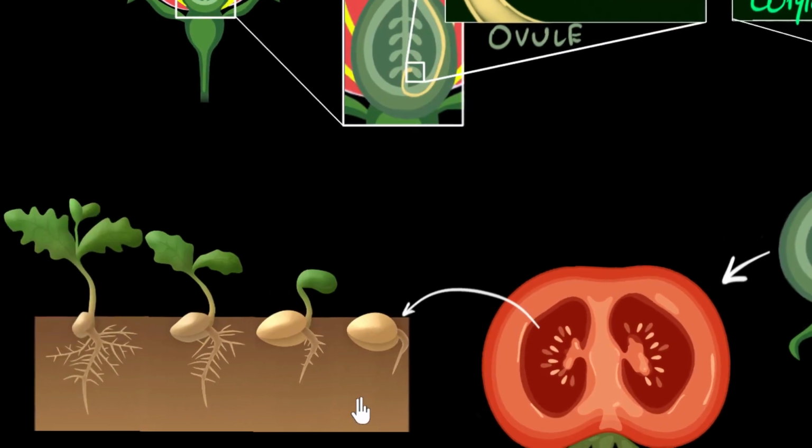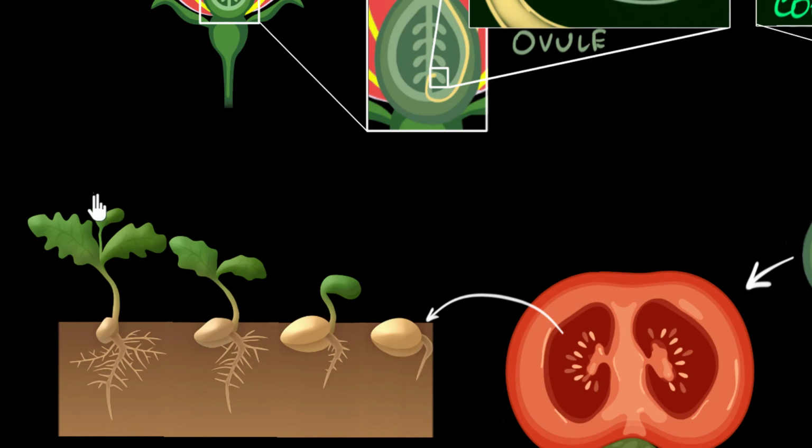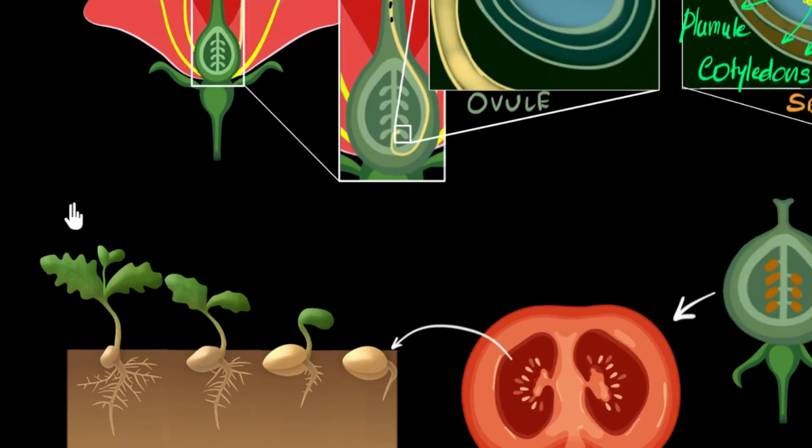They will shrink. And finally, a new baby plant is born. The roots can keep on growing. The plant can keep on growing. And once the plant becomes mature enough, the plant can grow new flowers, and the flowers can get pollinated, and now the cycle can repeat. This process of new plants growing from a seed, by the way, is what we call germination.